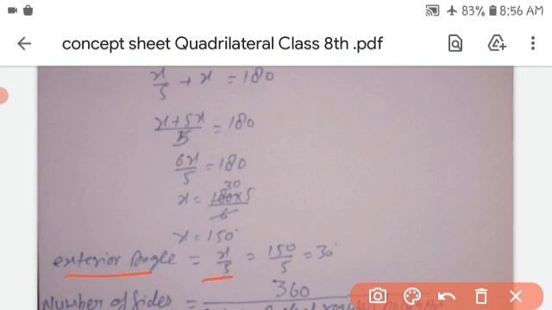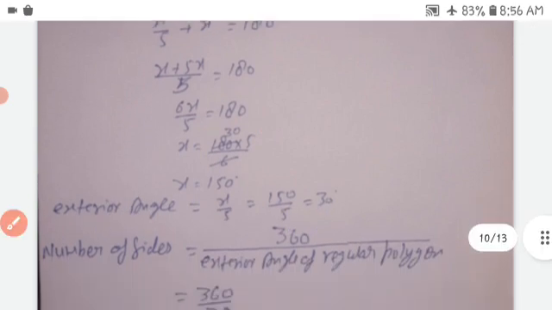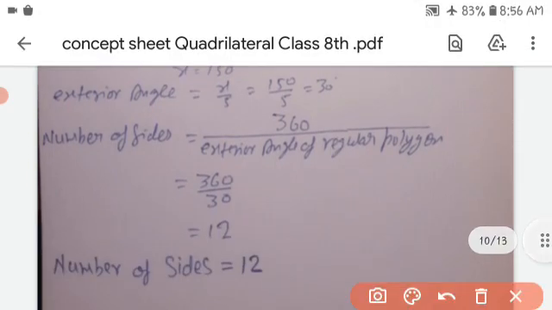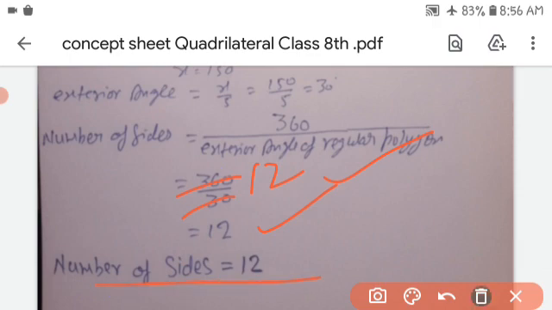Exterior angle x by 5 equals 150 upon 5 equals 30 degrees. Number of sides is equal to 360 upon the exterior angle, which is 12. Number of sides is 12.